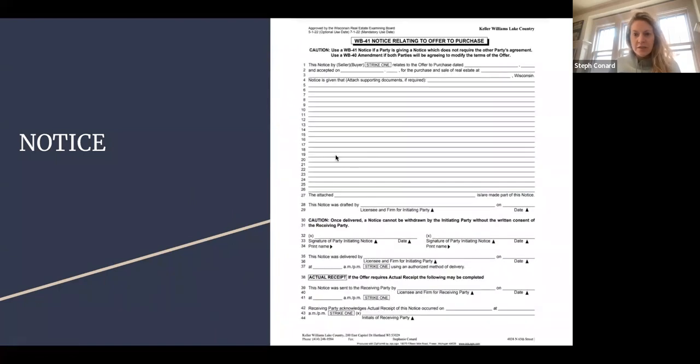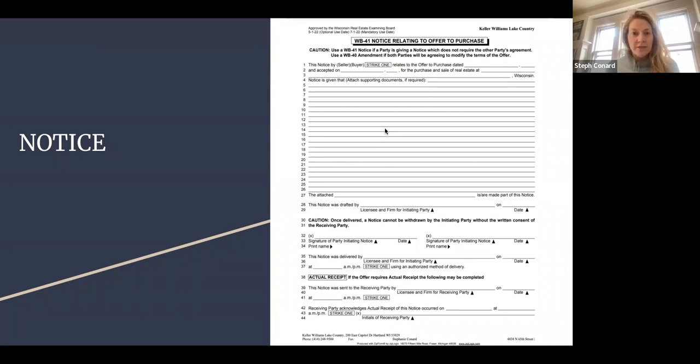So this is what the notice looks like. And on line 1, again, notice by seller or buyer, and depending on who is delivering this notice, you'll strike which party is to leave open so that it's identified who is delivering the notice. Again, outlined pretty much the same way, relates to the offer to purchase dated blank and accepted on blank.